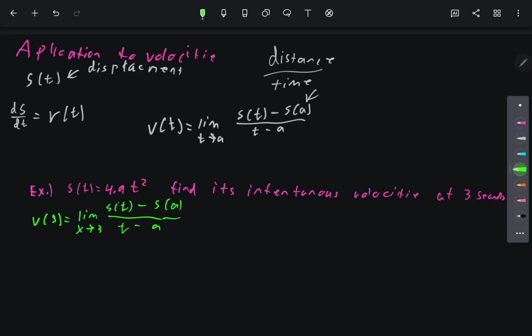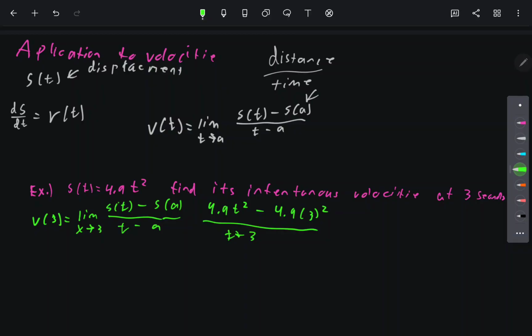So we want to start out by saying that this is going to be 4.9 t squared minus 4.9 times 3 squared, all over t minus 3.